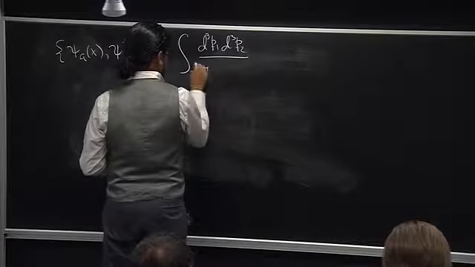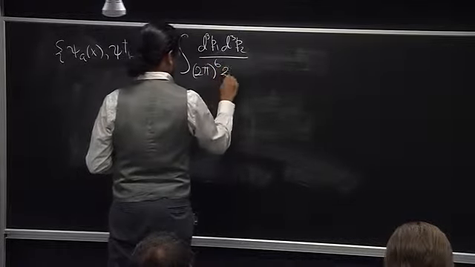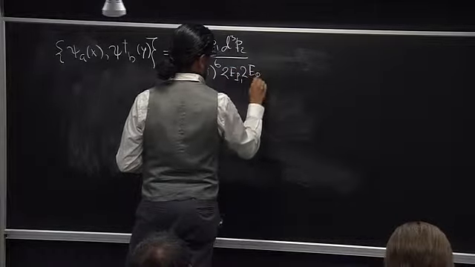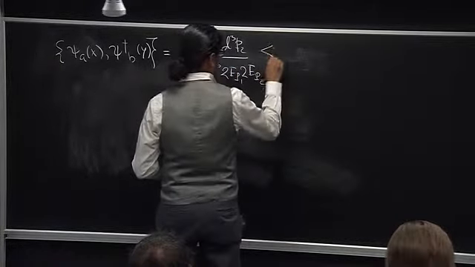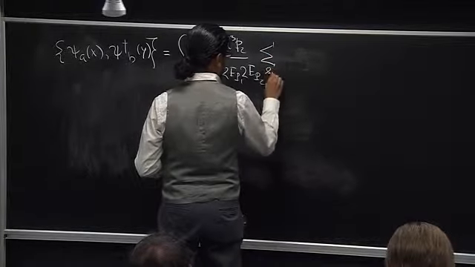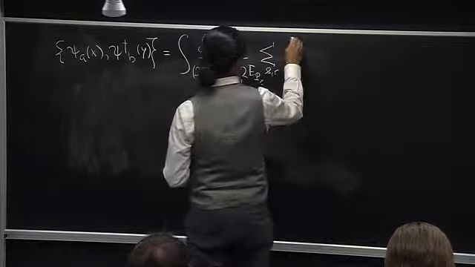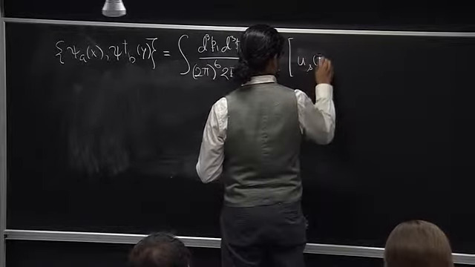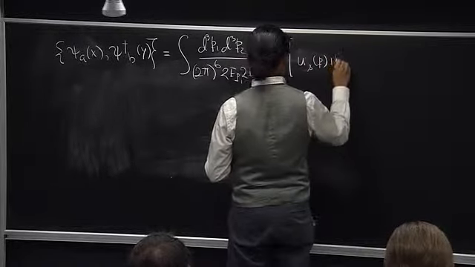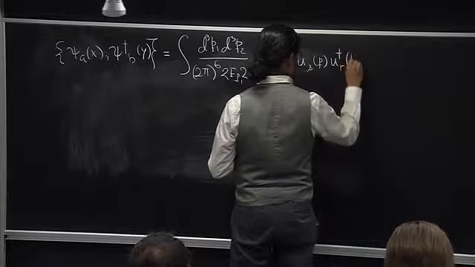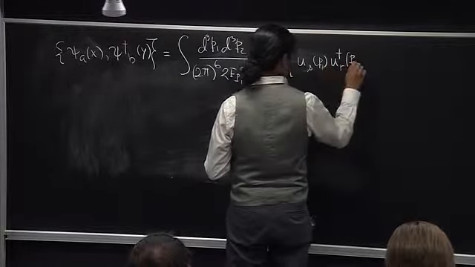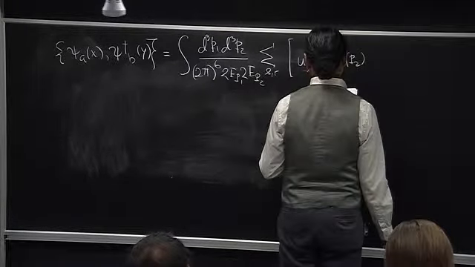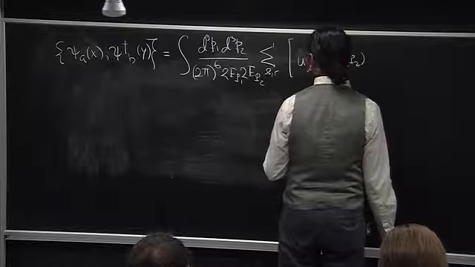So I'm doing the Fourier expansion. There will be two sums and two spinors.